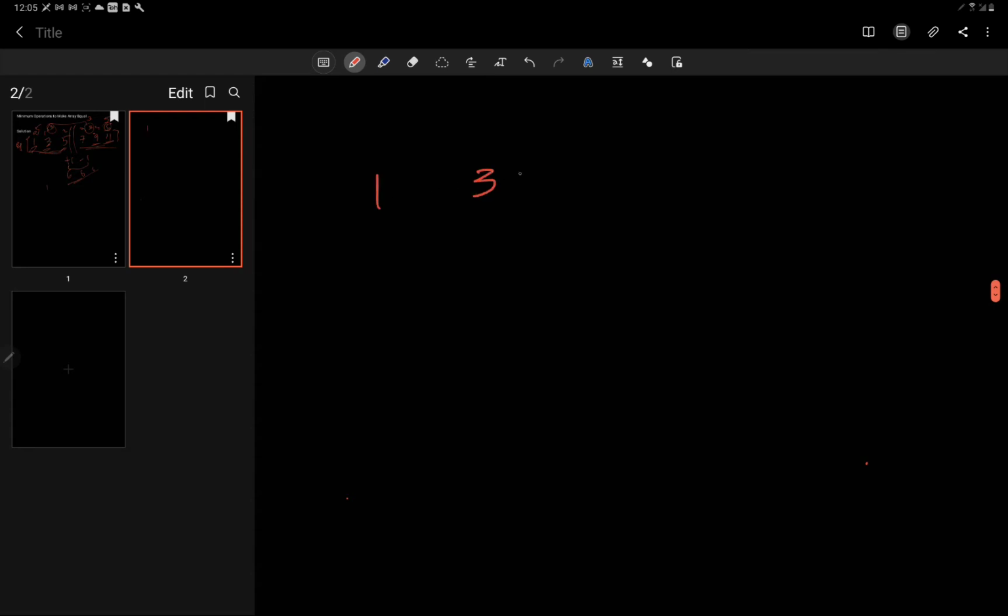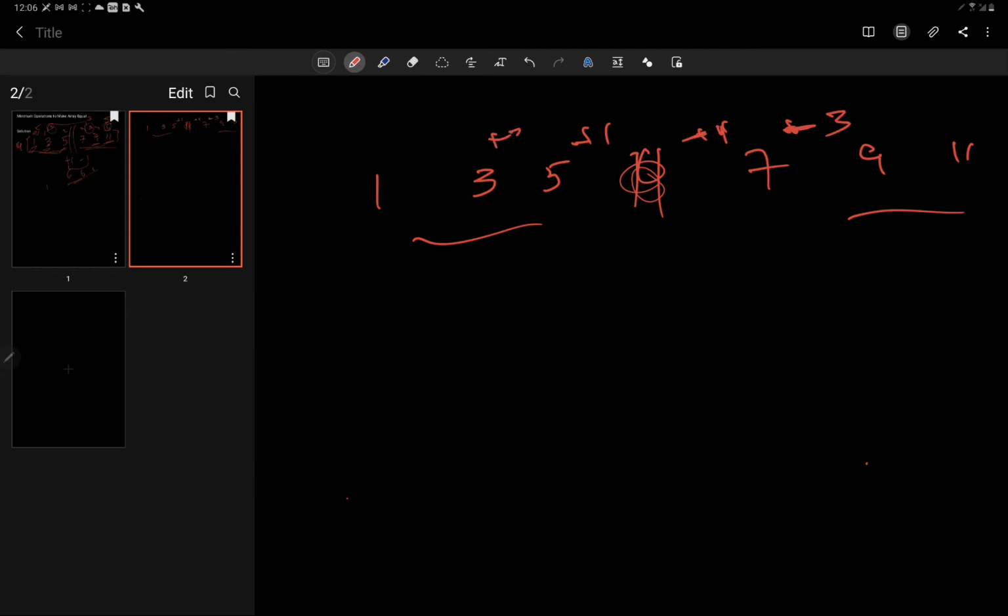We basically need to find the middle and make both equal. If the length is even there would be one approach, and for odd it will be another. Let's see the even case first. For the even case, we have plus 1 minus 1, minus 3 plus 3, plus 5 and minus 5.